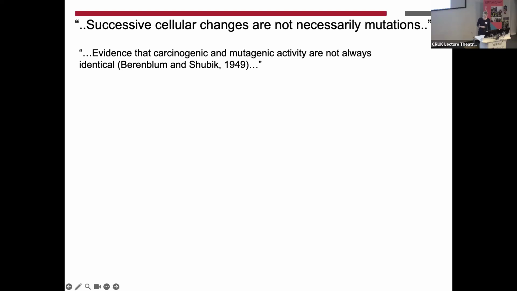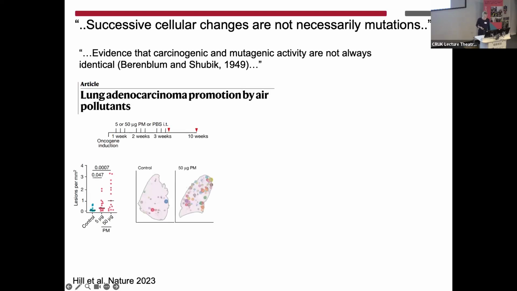And my understanding from some of the CRUK Cancer Grand Challenge projects is that the assumptions that specific carcinogens work through mutations are being called into question. And there was a really nice paper that came out last year from Charlie Swanton's group that gives one example of this and relates to the non-smoking associated lung cancer that you talked about, Anthony.